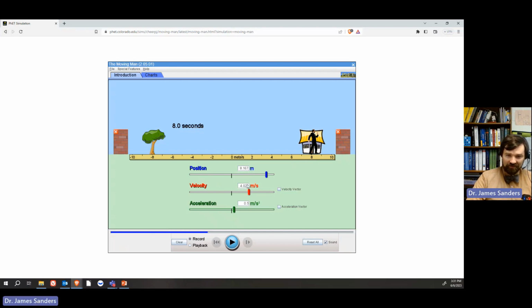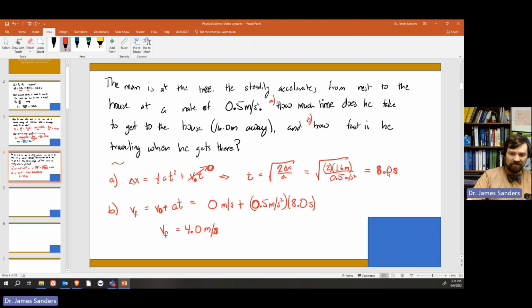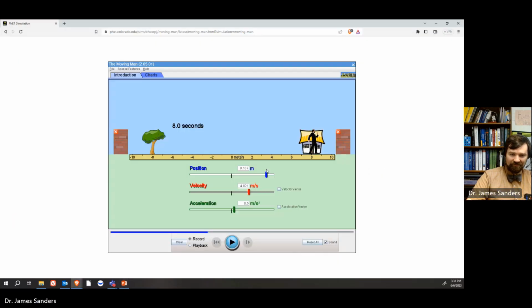Speed 4.0 meters per second. So within my reaction time, these two numbers both agree with the numbers we got here, and the position being just a little over those 8 meters. Okay, so it worked. Cool.